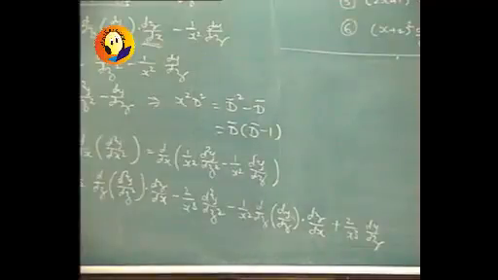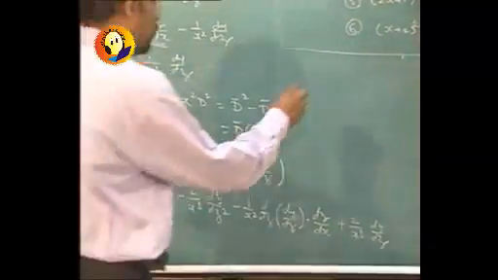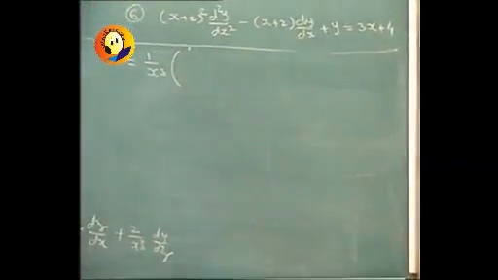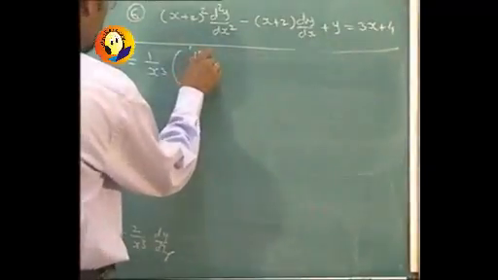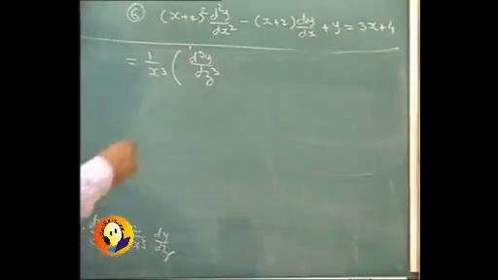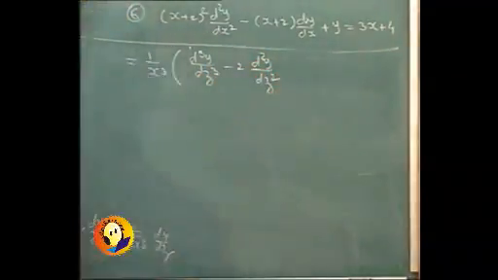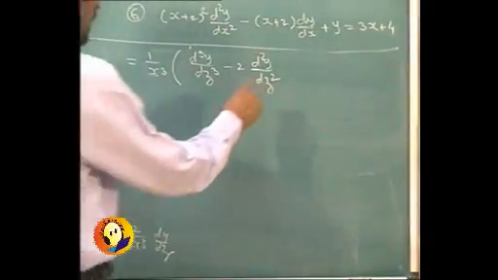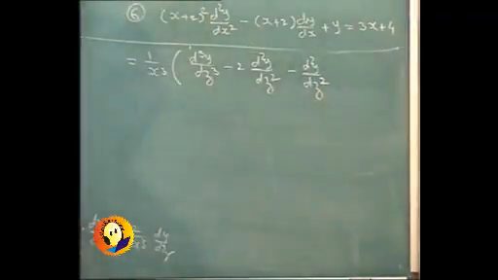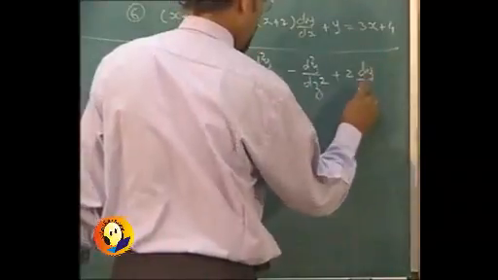As we substitute dz by dx as 1 upon x, we can take 1 upon x cube common throughout, and the terms which will remain are, from the first one it is d cube y by dz cube, from the second one it is minus 2 d2y by dz square, from the third one it is minus d2y by dz square, and from the last one it is plus 2 dy by dz.